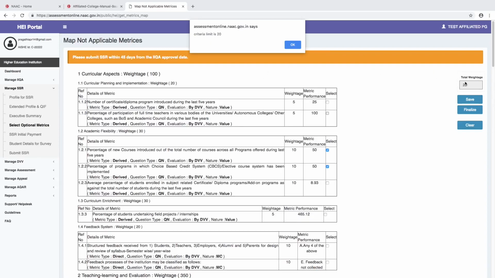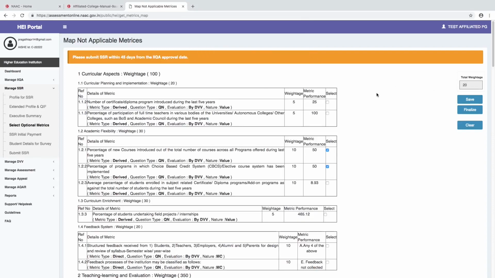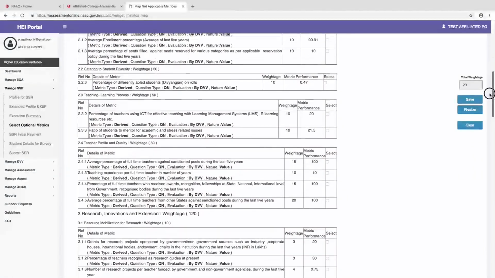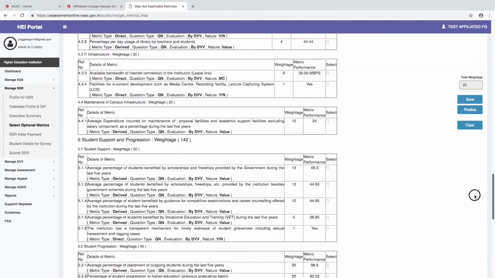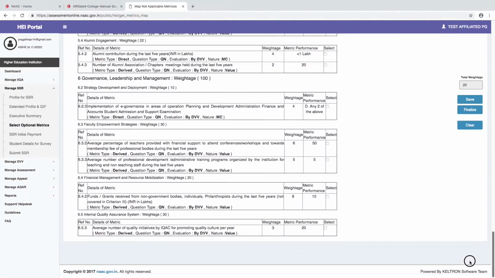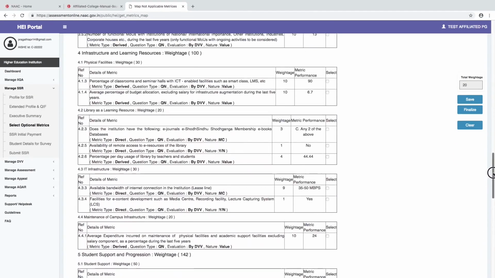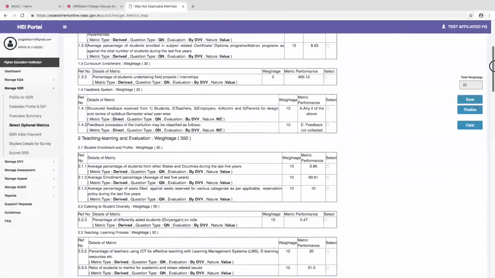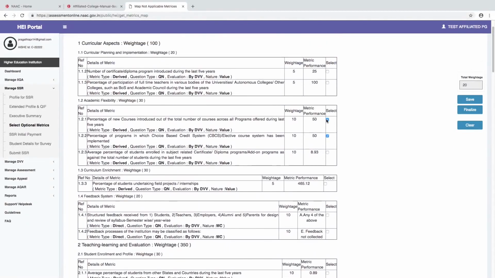That we will be able to see here. If it goes above 50 weightage, it will also throw up an error. And criteria 7 is not available for opt-out, hence it is compulsory for the institution to attend to it. I have listed out, based on the performance of this institution, what could be opted out, and hence we can select the same.